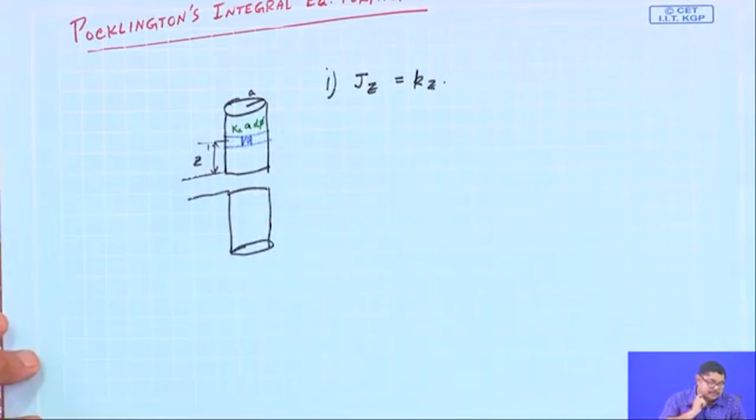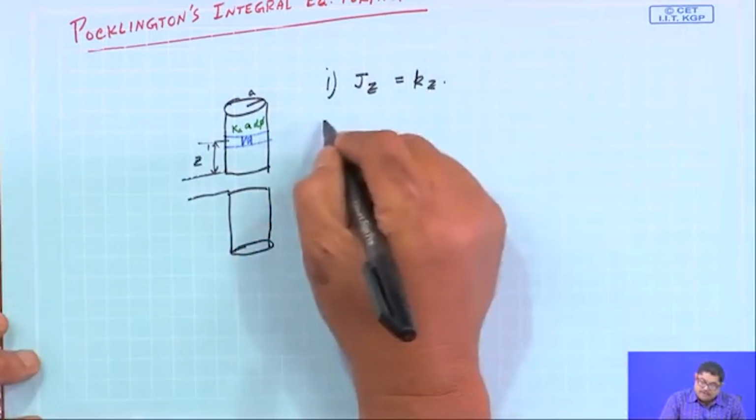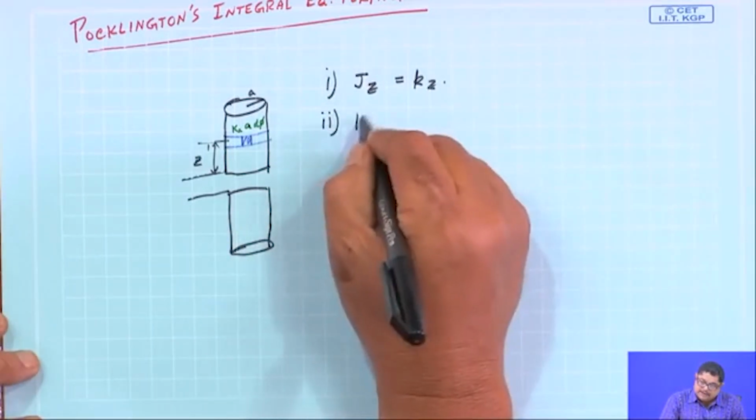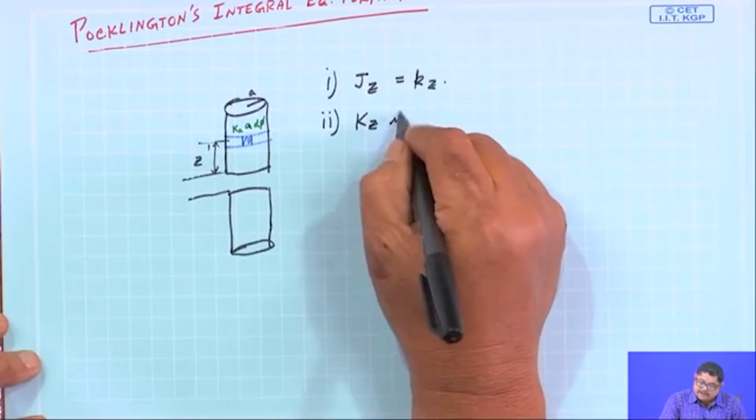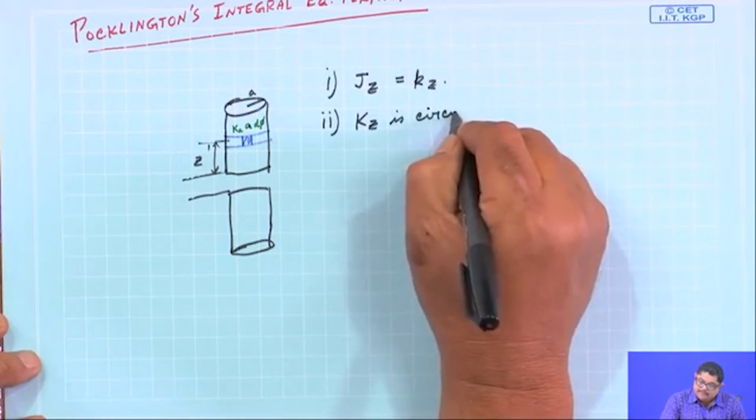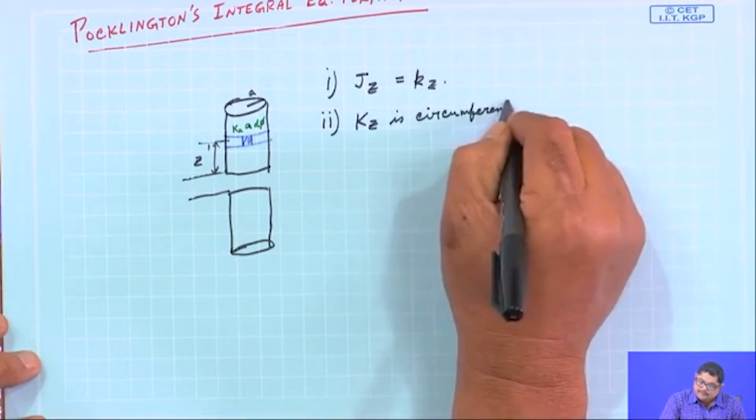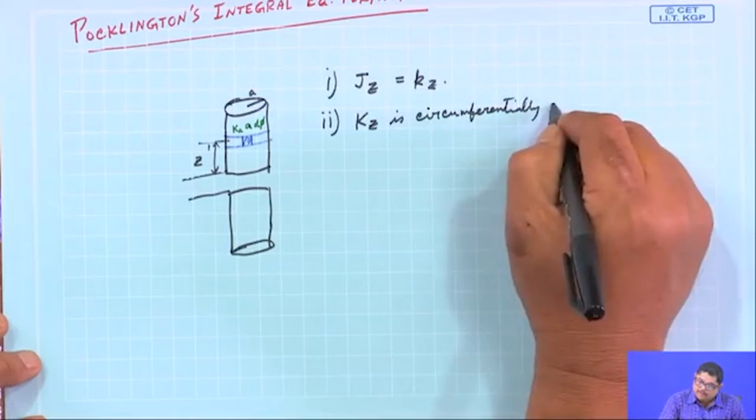Now the second thing is this surface current density K z is circumferentially uniform.